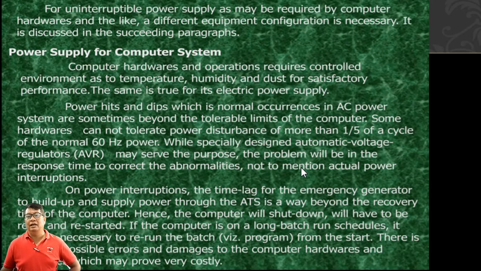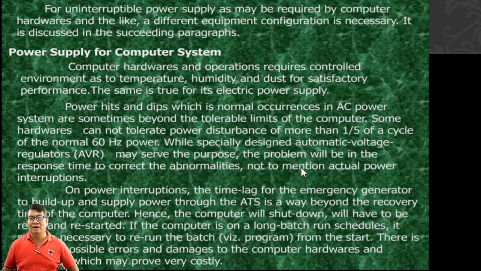Okay, so next, for uninterruptible power supply, as may be required by the computer hardwares and the like, different equipment configuration is necessary, no? It is discussed in the succeeding paragraphs. So, for example, our computer needs an uninterruptible supply because, as we said earlier, our generator with the ETS cannot supply power immediately.